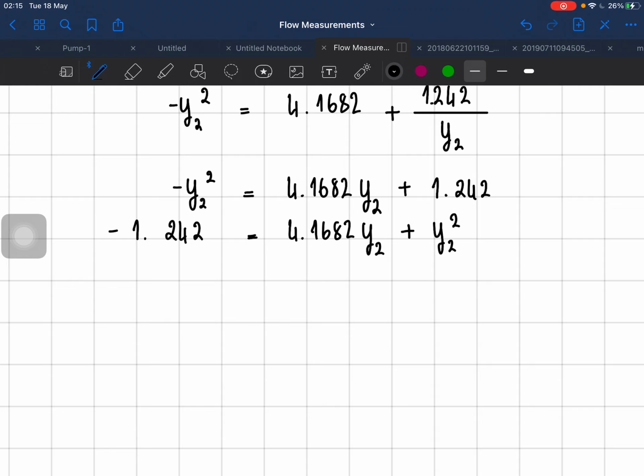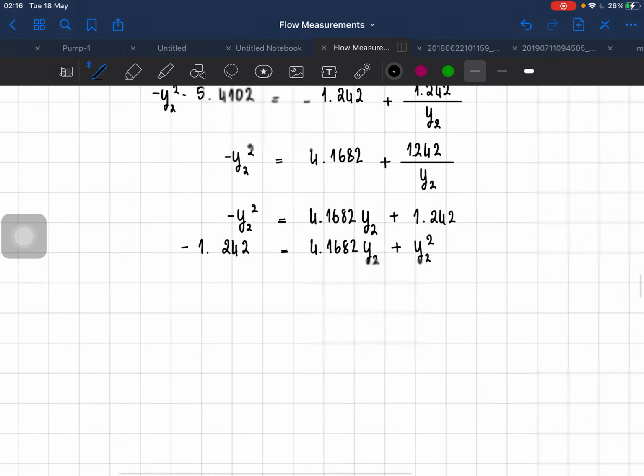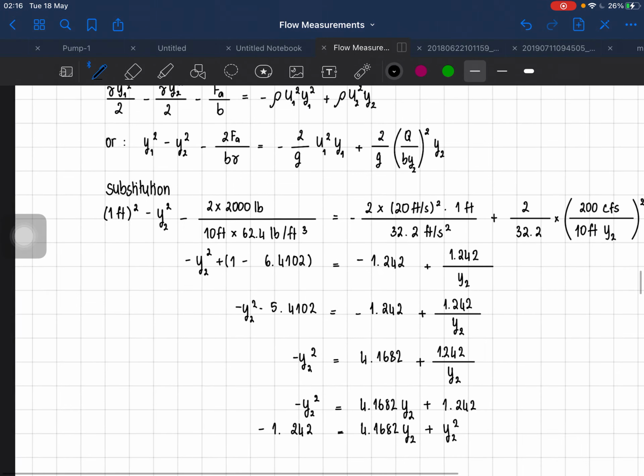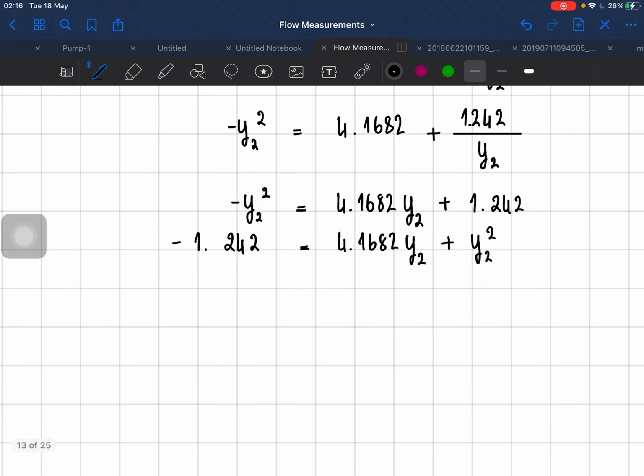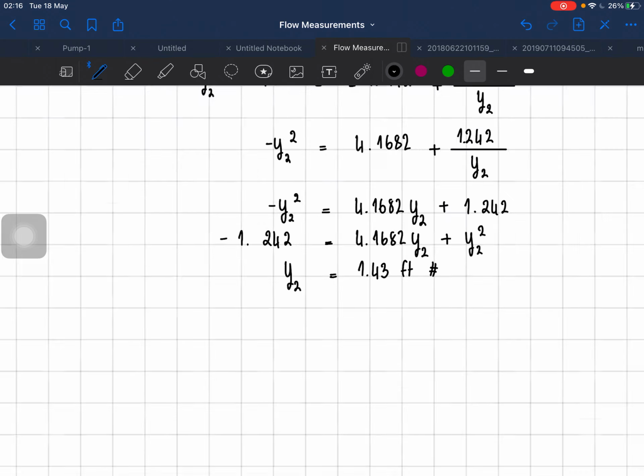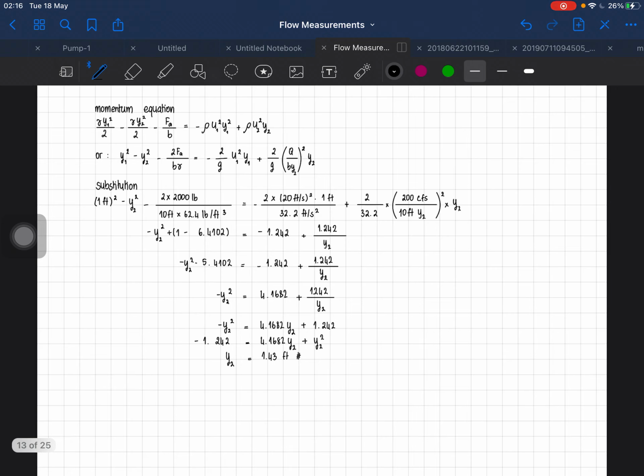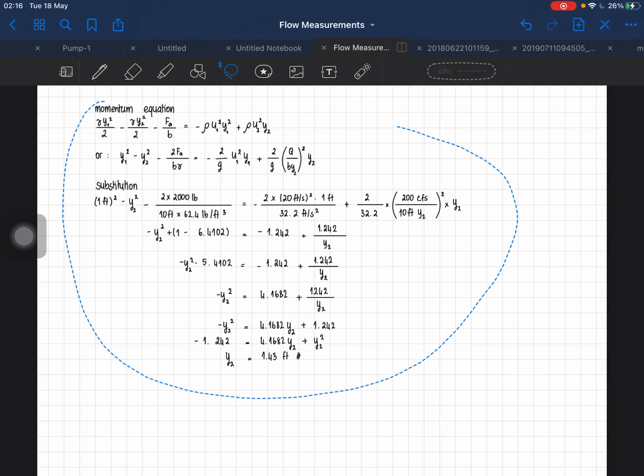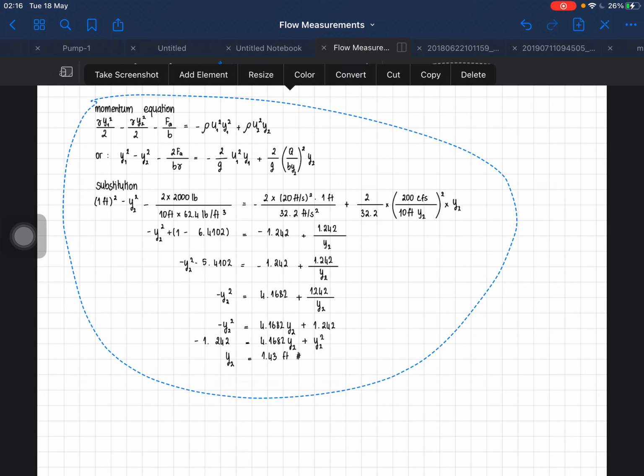Okay, so the answer that I got is, there are some numbers that we need to cancel out. So this is the answer that we got. Okay, so now we have finished another problem.